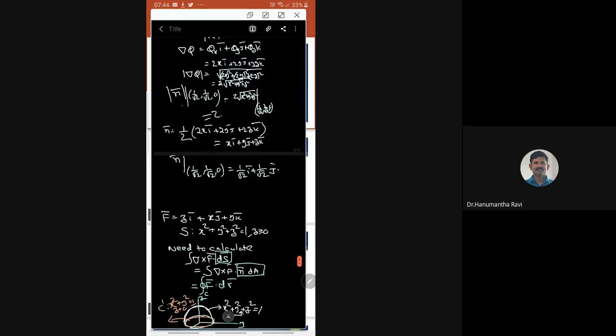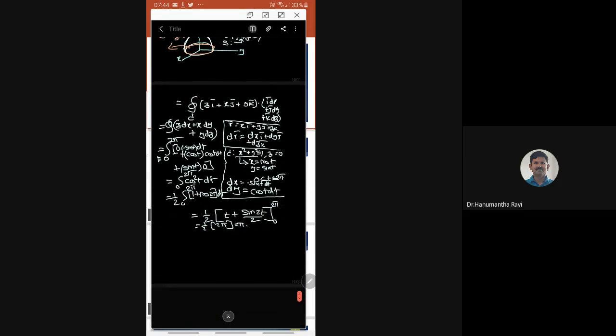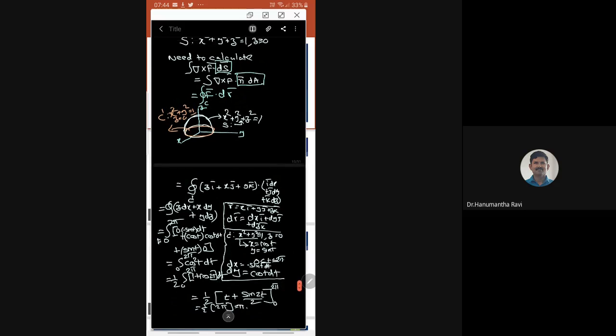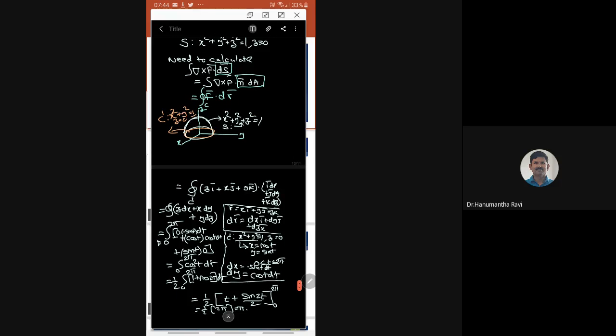Okay, so we used Stokes theorem here. That's what I'm saying. So this is a good application of Stokes theorem. See what we have done.